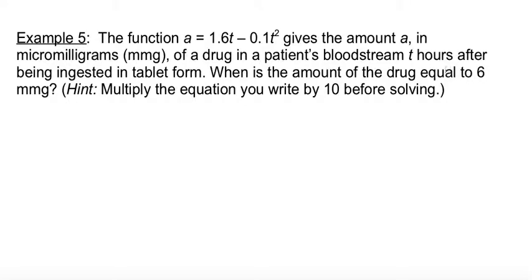So let's put 6 in there for A, because that's what it says it is. That's T hours, so we're trying to find T. And the 6 is your A value.